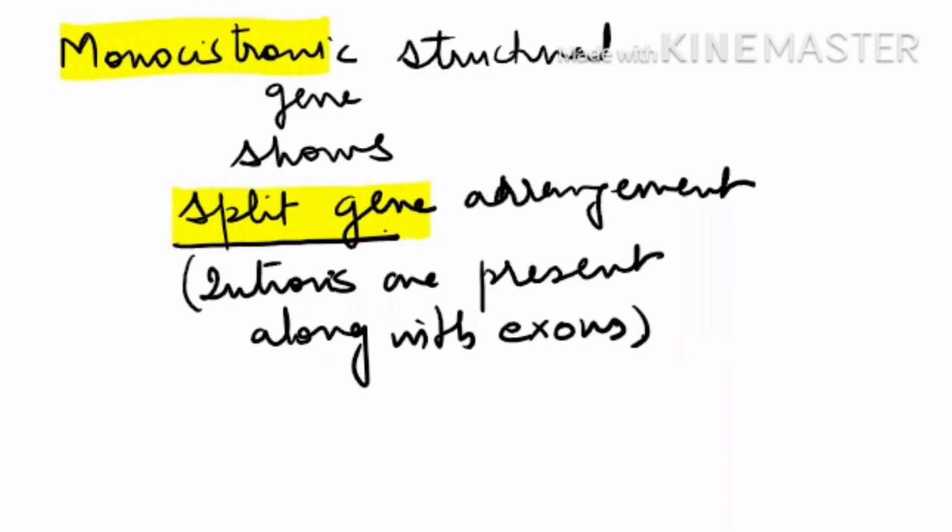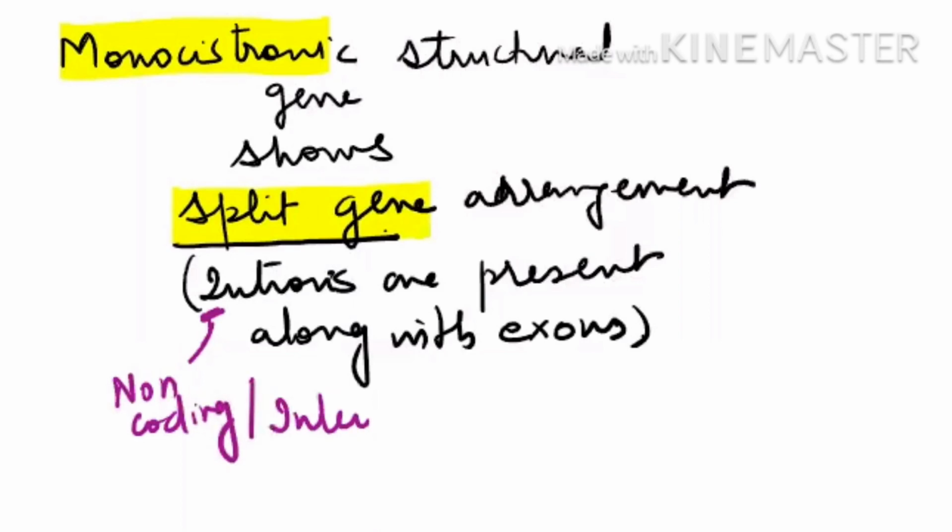Now I'll try to give you learning tips. See here, introns. Introns are your non-coding areas. Non-coding areas are also known as intervening sequence.